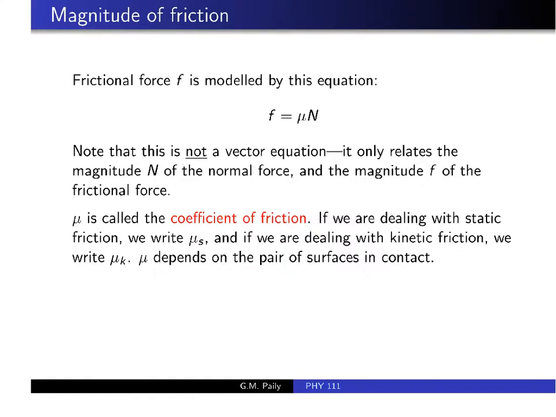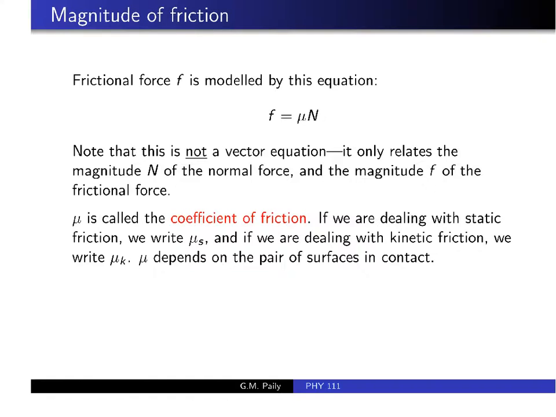A pure number without units. That's why it's just called the coefficient. So mu is the coefficient of friction. If we are dealing with static friction, we write mu sub s. And if we're dealing with kinetic friction, we write mu sub k.